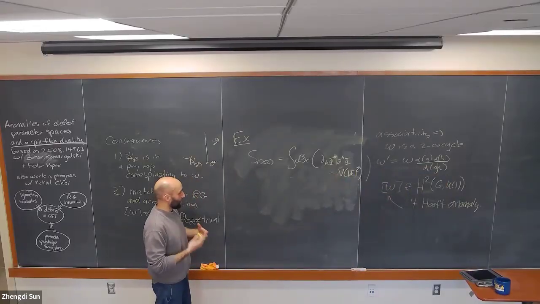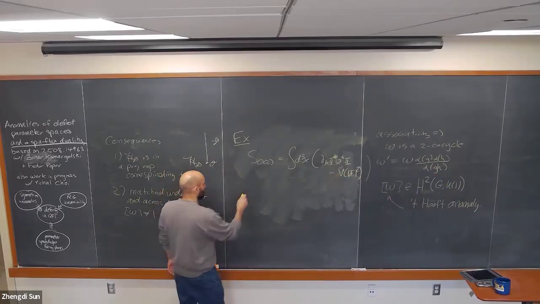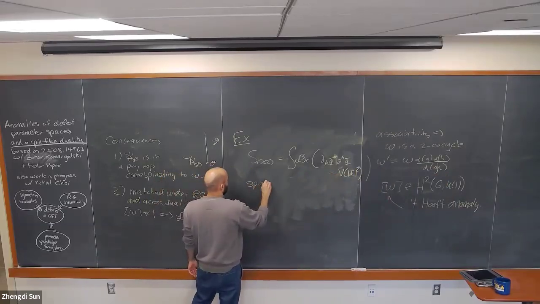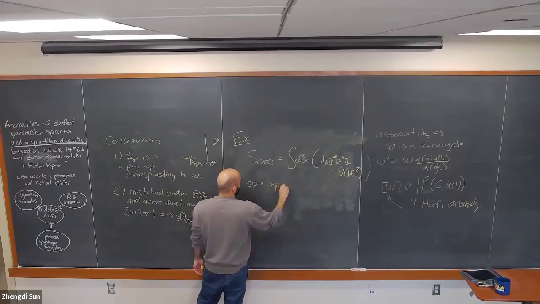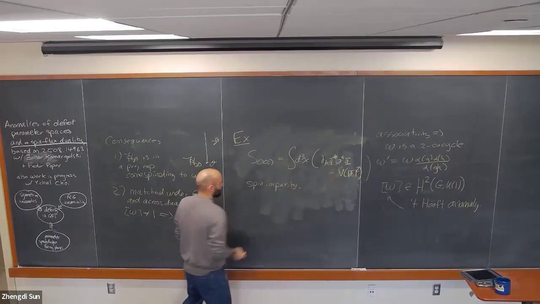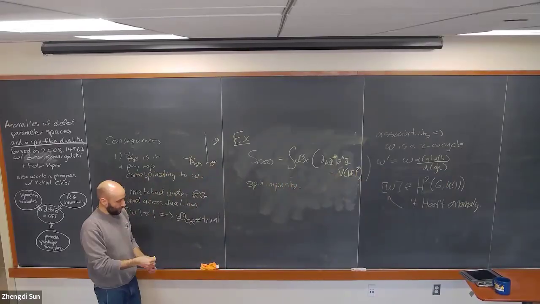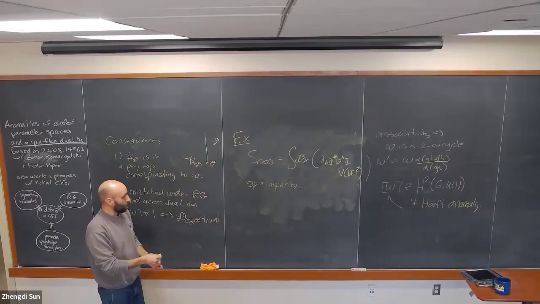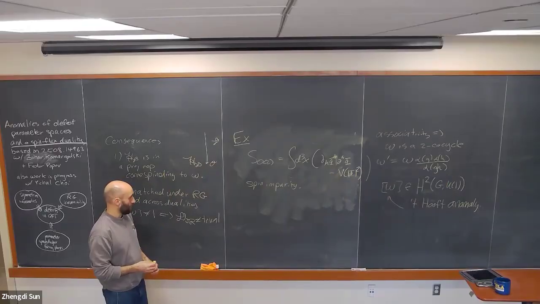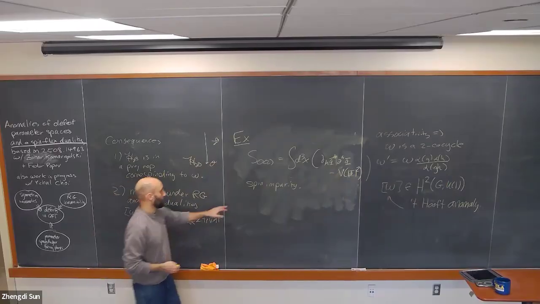And for my defect, I want to take what's sometimes called a spin impurity. In a sense, I want to couple the bulk to an, at first, decoupled quantum mechanics, like a qubit supported on a line.